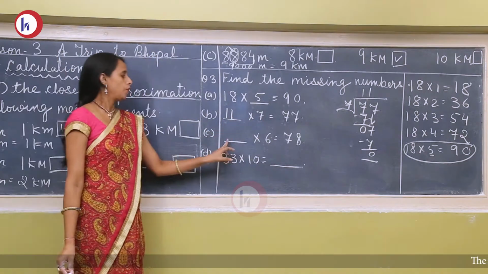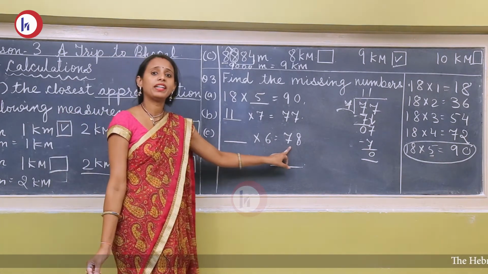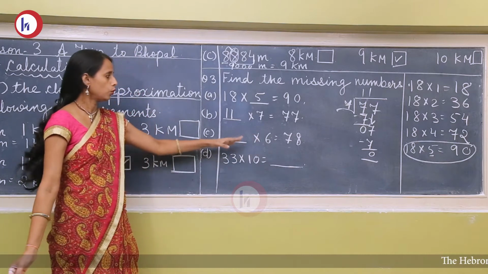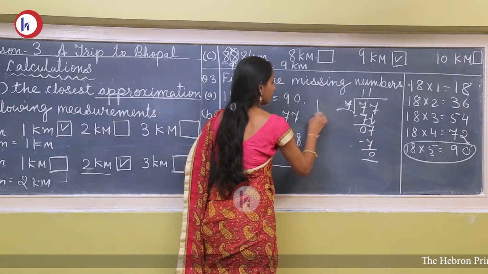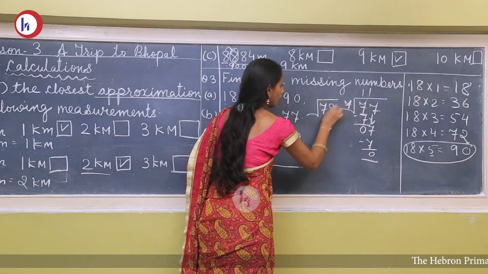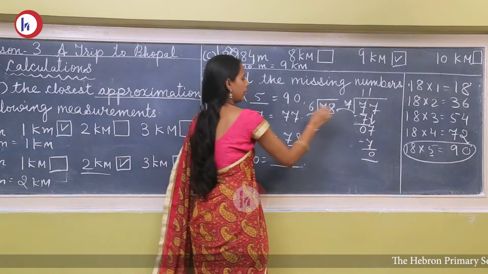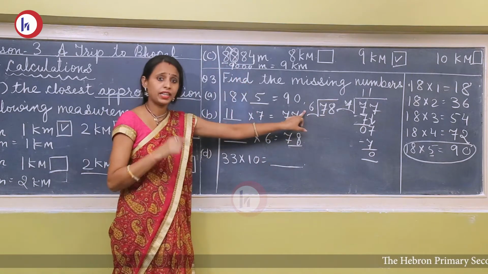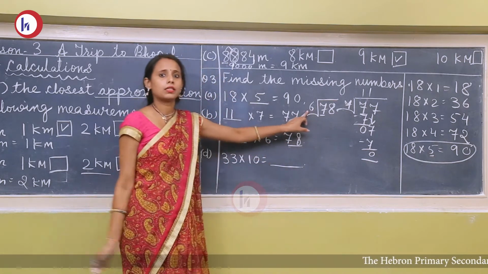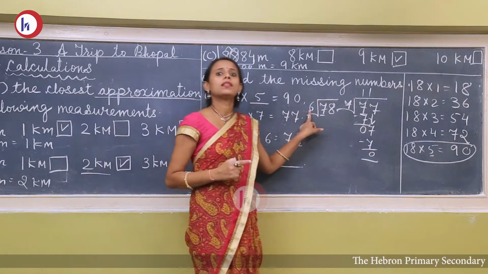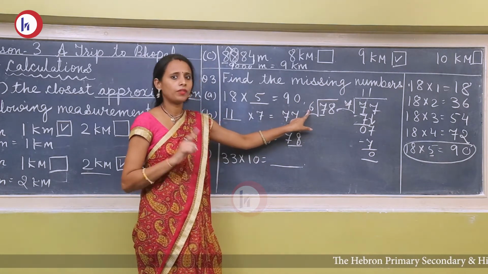Okay. Which number will be multiplied by 6, so that we will get 78? So we have to do division. 78 divided by 6. Now see the first digit. It is 7. Yes, it is greater than 6. So we can divide the 7. So take the table of 6. In the 6 table, 6 ones are 6 and 6 twos are 12. 12 is greater than 7, so we can't take 12.